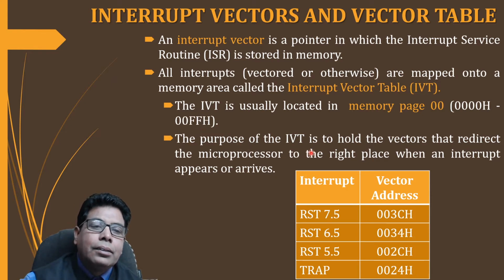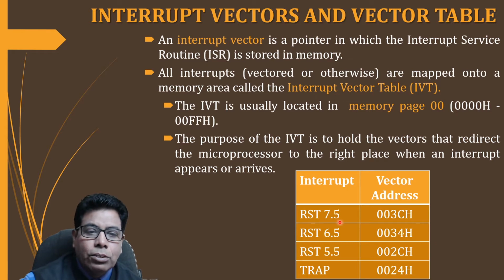And this interrupt vector table holds the vectors that redirect the microprocessor to the right place when the interrupt occurs. You can see this table here, where the interrupt and the vector address are given.